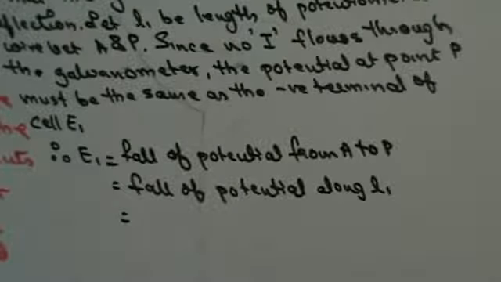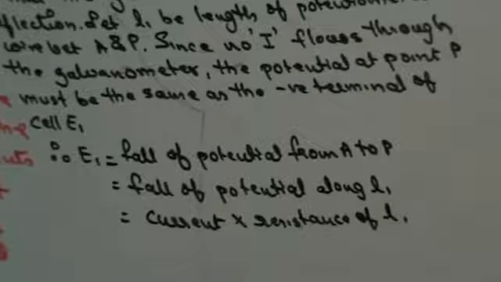Right? Fall of potential is nothing but current into resistance, which is current into resistance of L1.